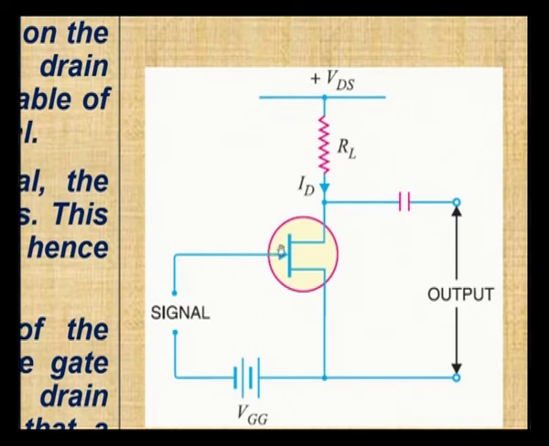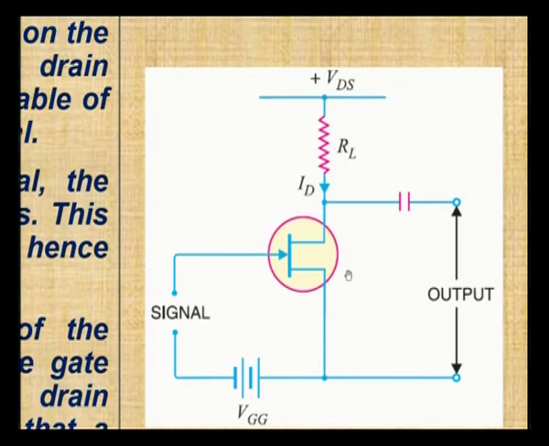So in the positive cycle, drain current and channel width are more, and during the negative cycle the reverse voltage increases, so the depletion layer increases, the channel width decreases, and the drain current decreases.